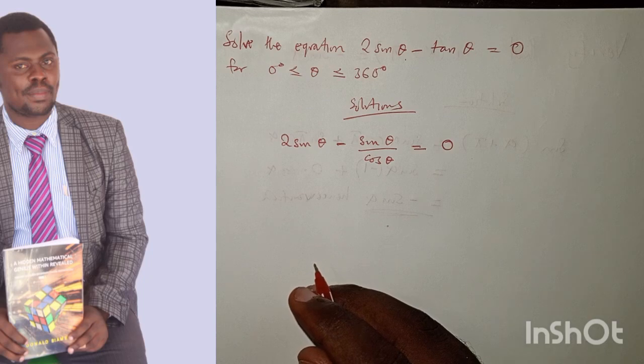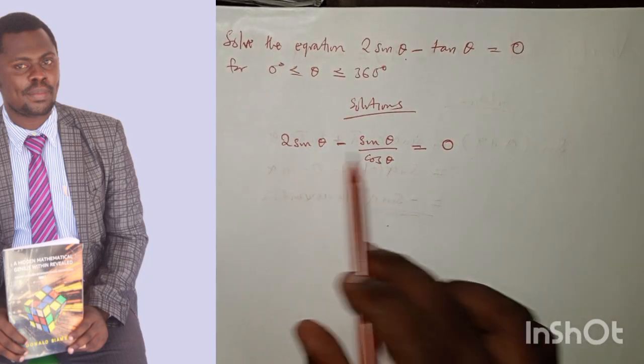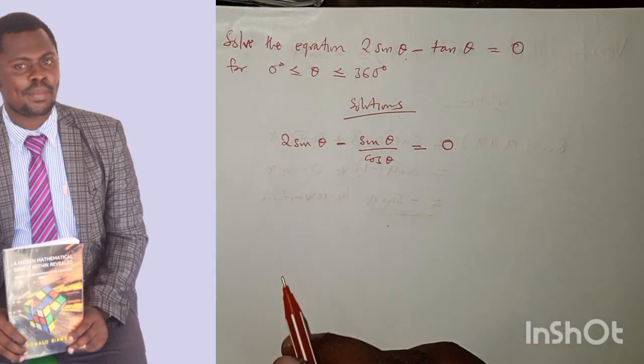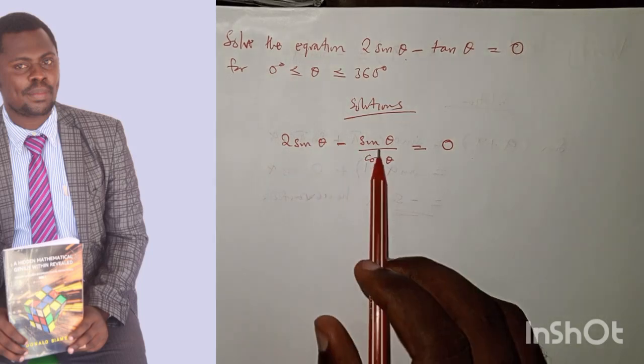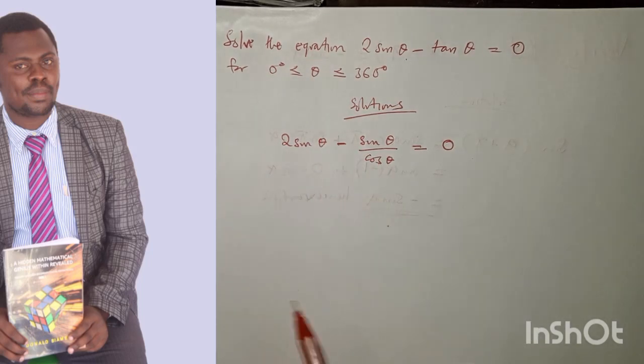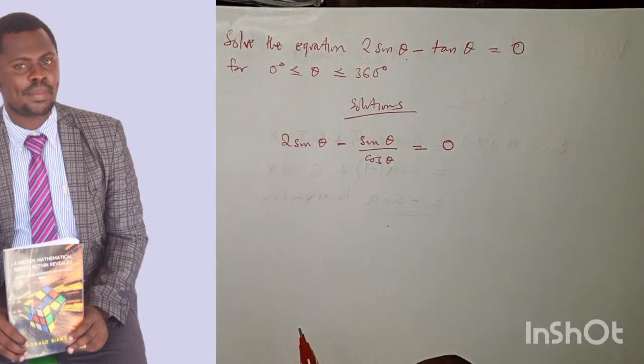Now we can see that in these two terms there is a common factor. We have sine theta here and there is sine theta there. So we can divide out sine theta through this equation.